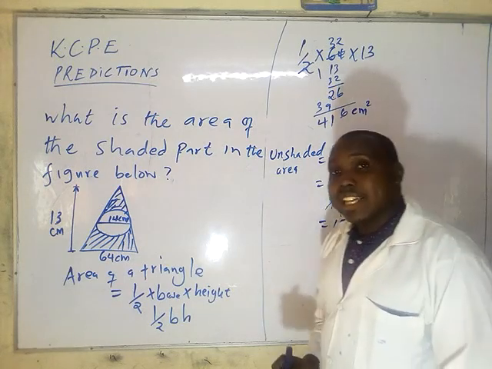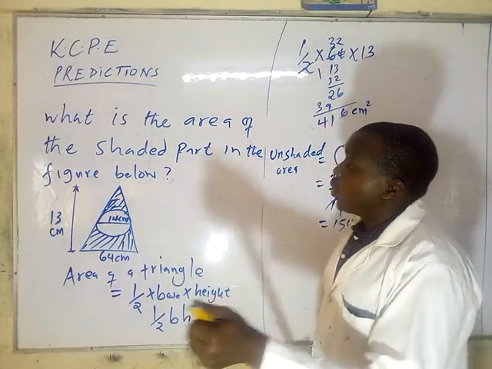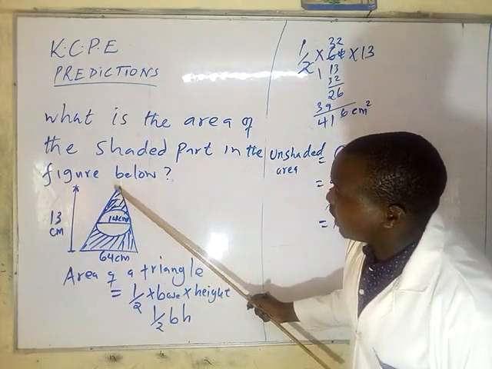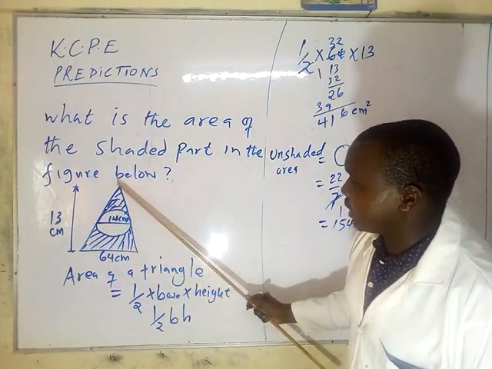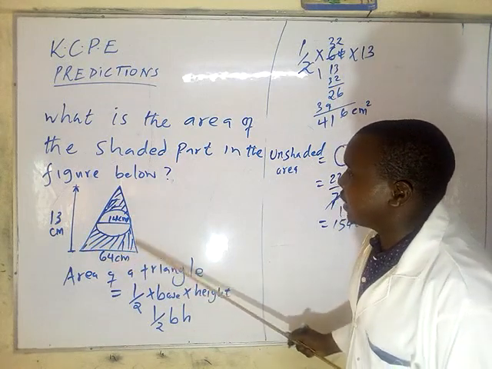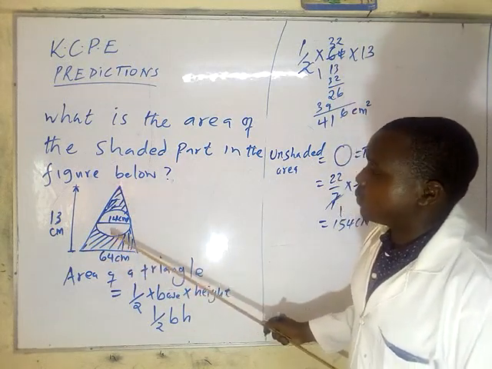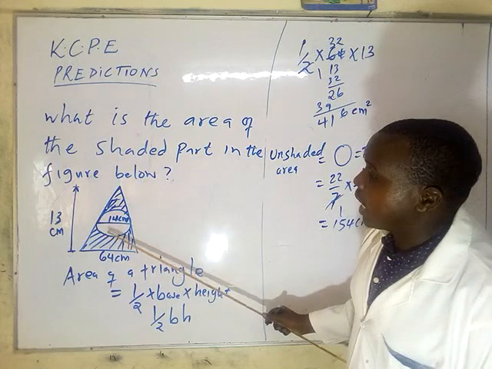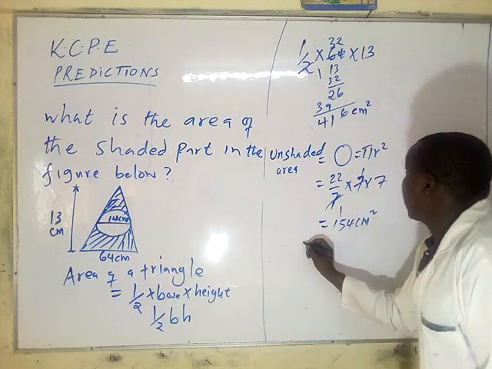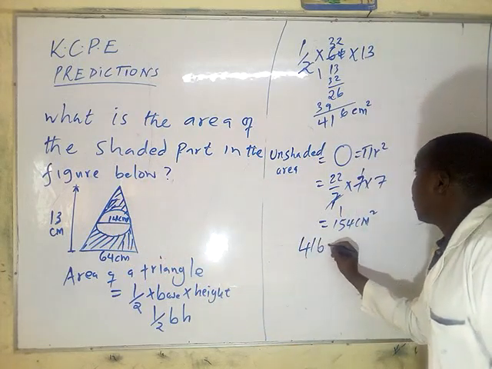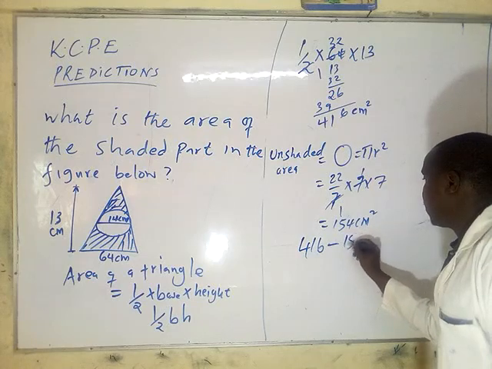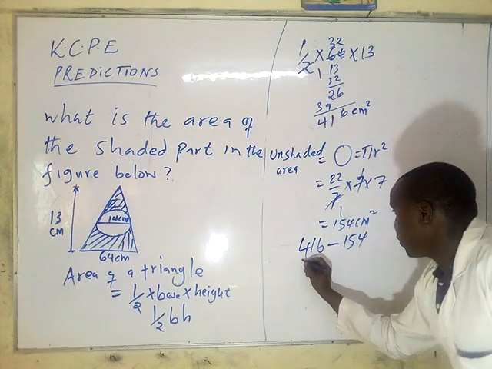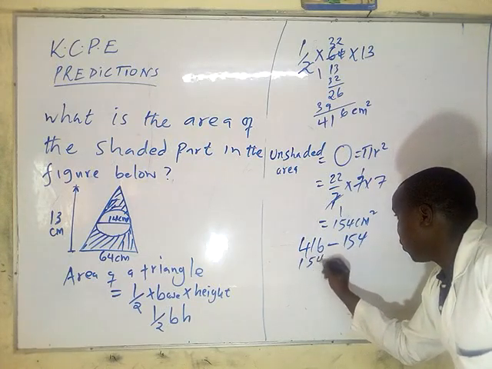So now to get the area of the shaded region, we subtract the area of the entire triangle, subtract the area of the unshaded. So that is now 416 minus 154. Now you subtract 154.